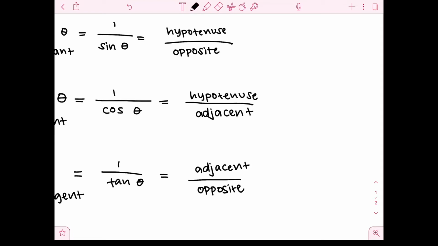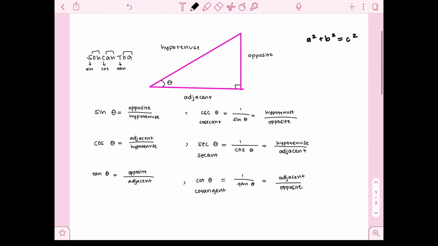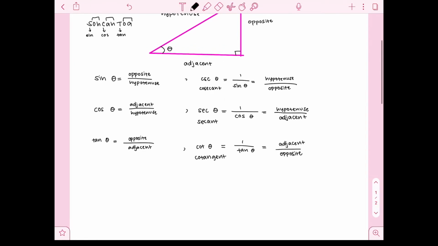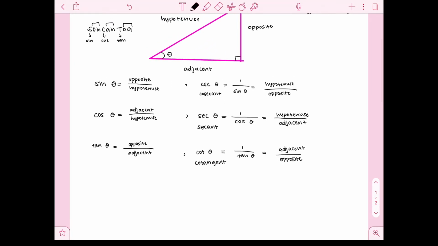And that is it for the six trigonometric functions that you are going to be looking at throughout trigonometry, pre-calculus, anything that requires right triangles and trigonometric functions, basically.